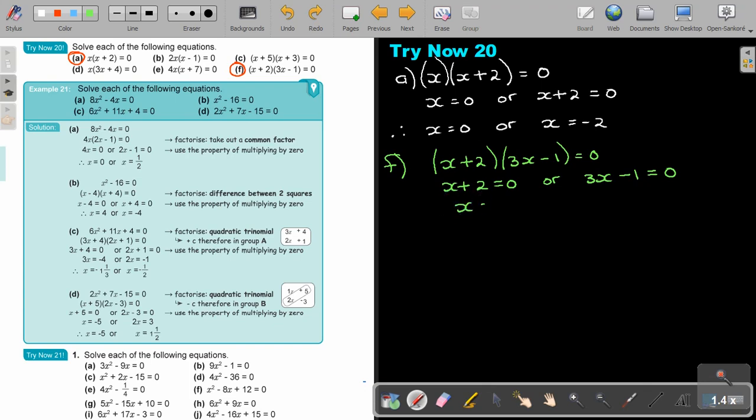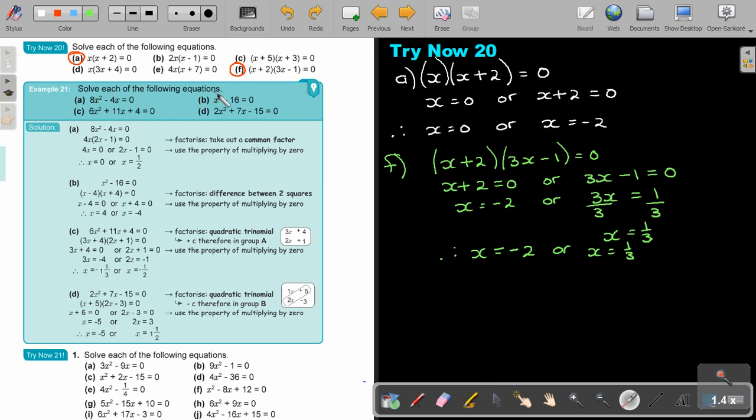So x is equal to negative 2, or 3x equals 1, divide by 3, x is a third. So therefore, x is equal to negative 2, or x is equal to a third. So this quadratic equation cuts the x-axis at negative 2 and at a third. Okay, that was easy. Let's just go on to the next one.